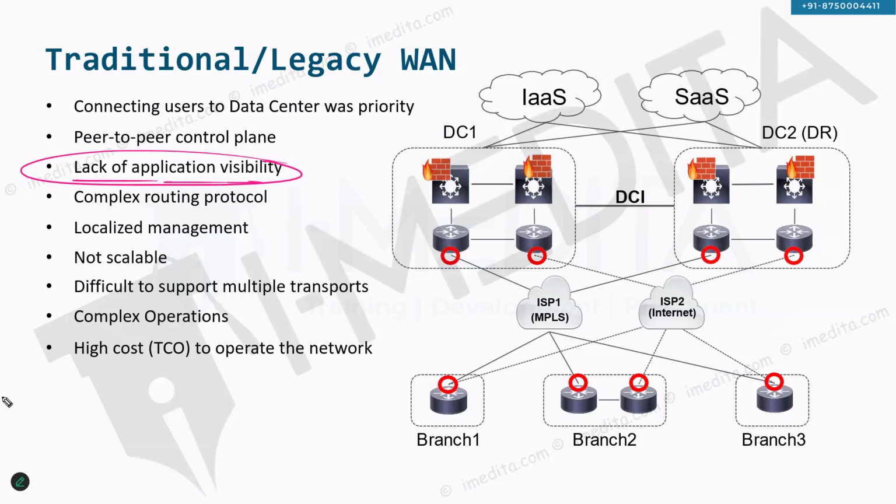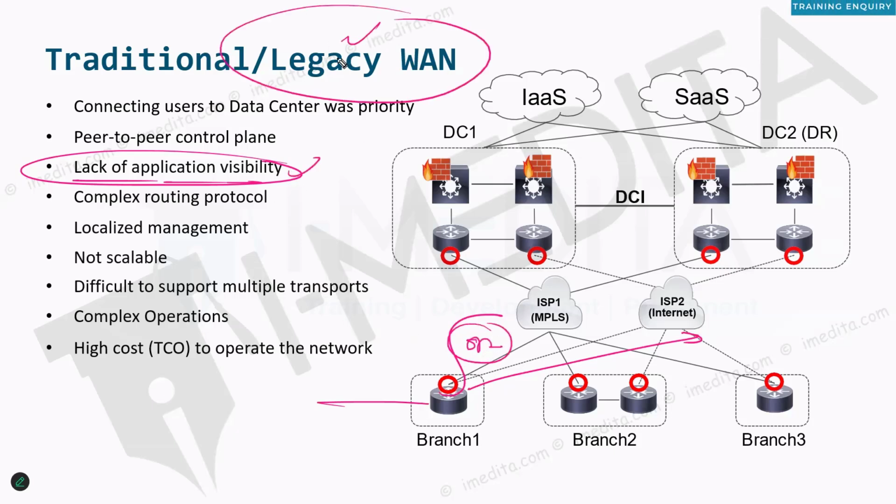Meaning that if I want to prioritize one transport over another for certain application traffic, that might not be possible with the legacy WAN until we run some dedicated additional commands to match the traffic based on port numbers and so on. So the traditional WAN is not application aware.